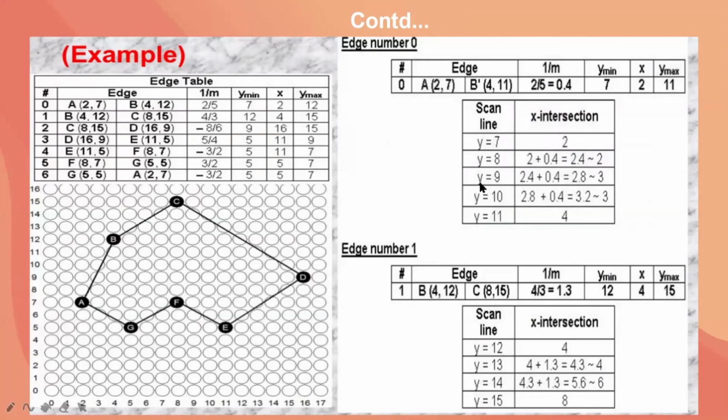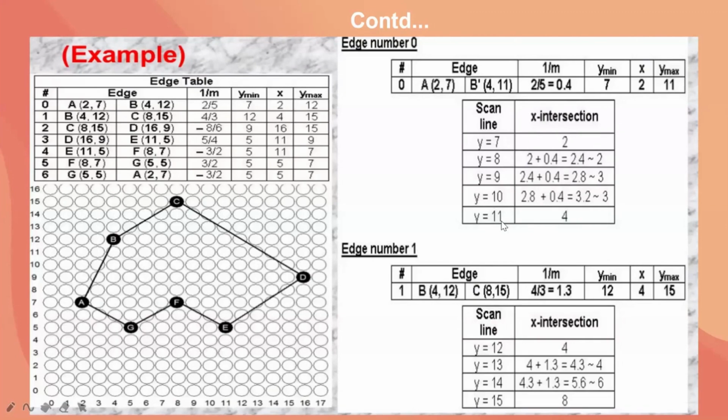Okay, now consider y equals 9. Here you have 2.4 plus the m value, 0.4. Add it, so 2.8, which is approximately 3. Similarly, for y equals 10, take 2.8 plus 0.4, you get 3.2, which is approximately 3.